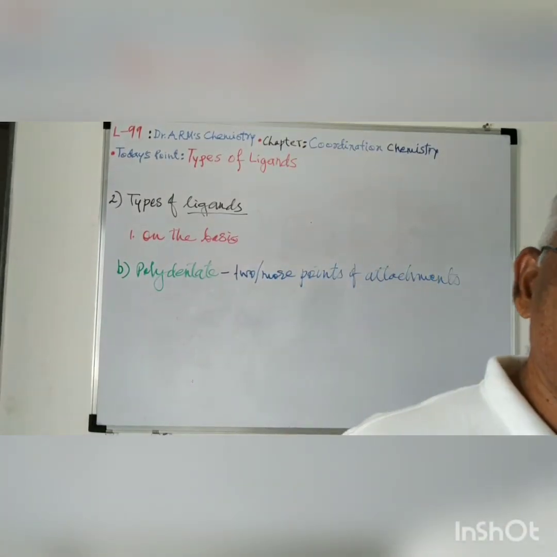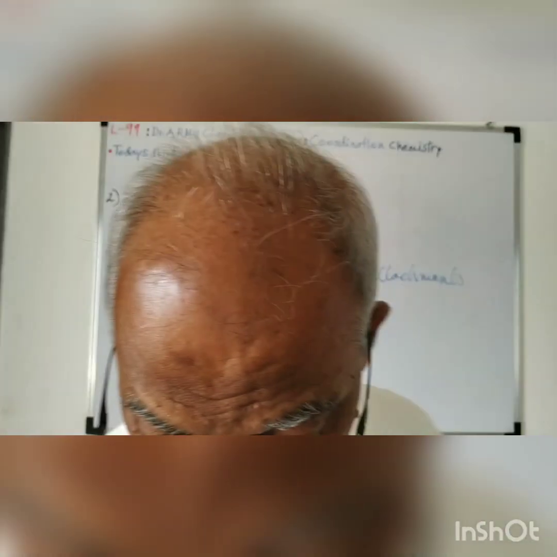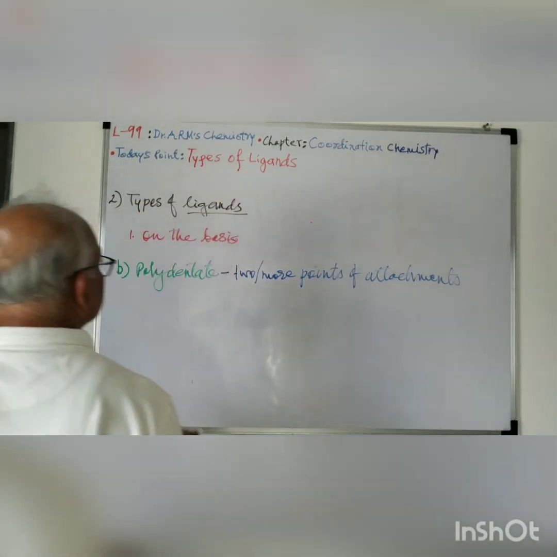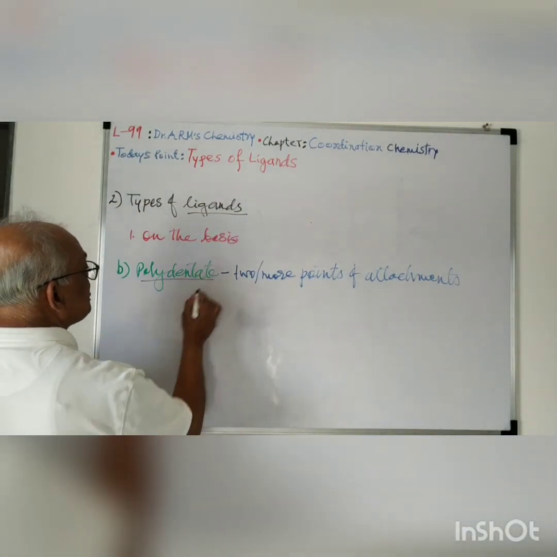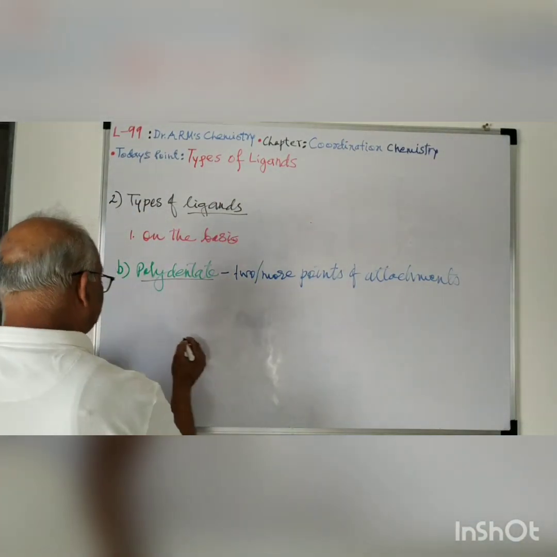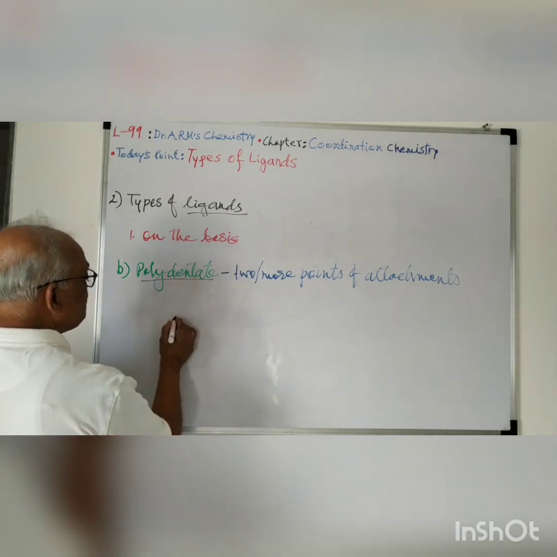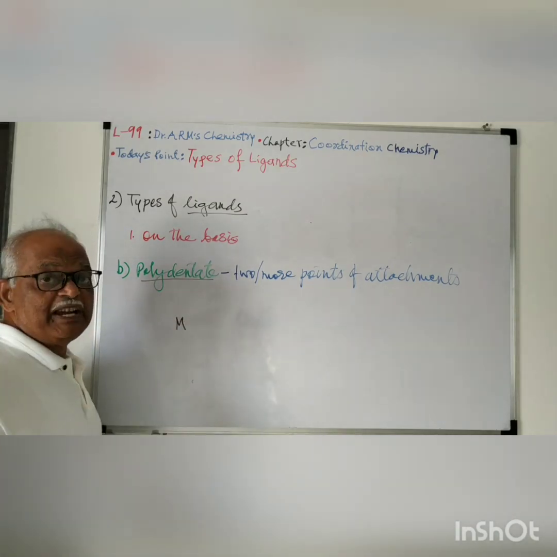Now if you see examples of this type, then we will come to understand how this polydentate ligand works. For example, if we take a metal ion.